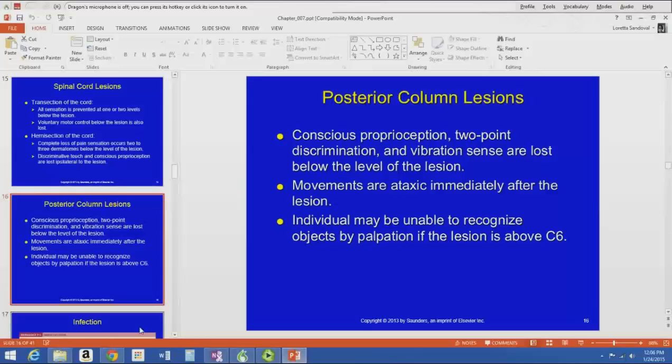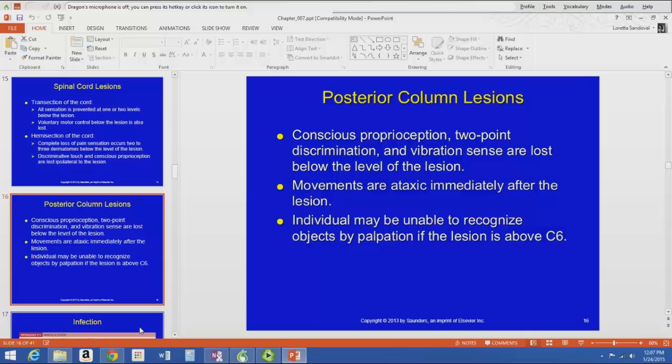You get that incoordination, that ataxia, because you're not getting the feedback from proprioception. And if the lesion is above C6, because that's where the nerves going out to your hand are, they might not have that stereognosis sense and be able to recognize objects by touching them.